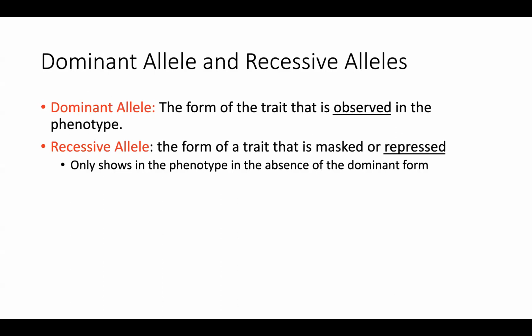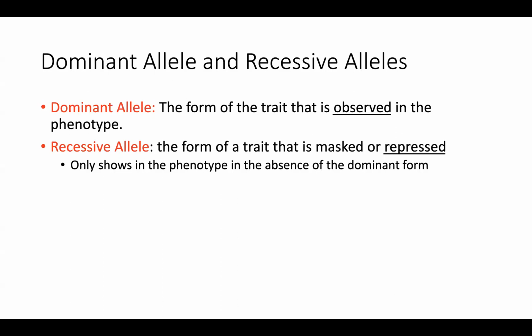Now, on the other hand, the recessive allele is the form of the trait that is masked or repressed. We use the term repressed when we're talking about gene expression. So this form of the allele you will not see in the individual from a physical standpoint. But again, if we went back and did genetic analyses on the DNA, we could see that that allele was present. Okay. And so write this down.